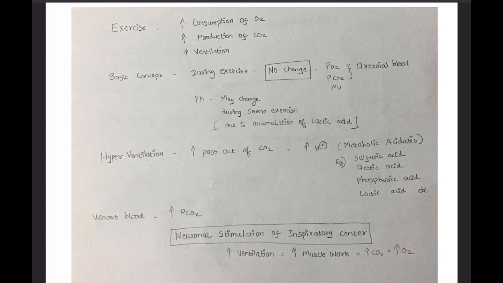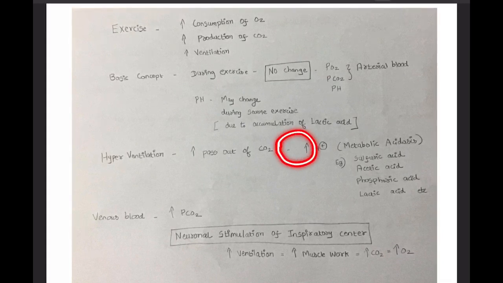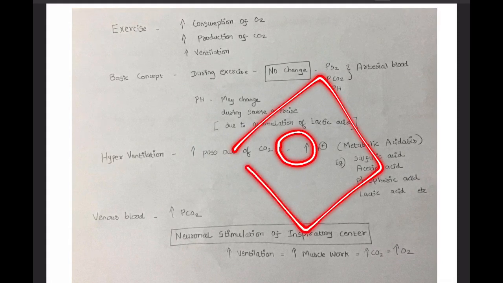So here why is there increased consumption of oxygen? It is because we have already seen in the previous lecture, in cells inside the tissues, the cells need energy. So this energy is achieved through the breakdown of bigger molecules with the help of oxygen.